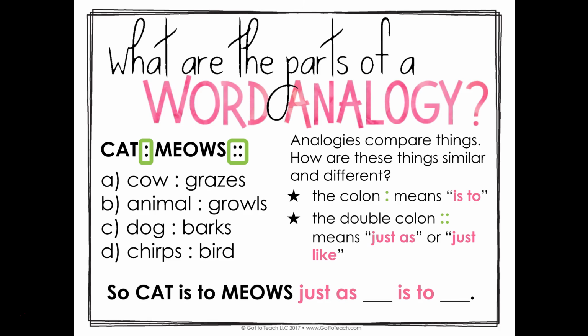So cat is to meows just as something is to something else. Cat is to meows just as cow is to grazes. Cat is to meows as animal is to growls. Cat is to meows just as dog is to barks. Cat is to meows just as chirps is to bird.